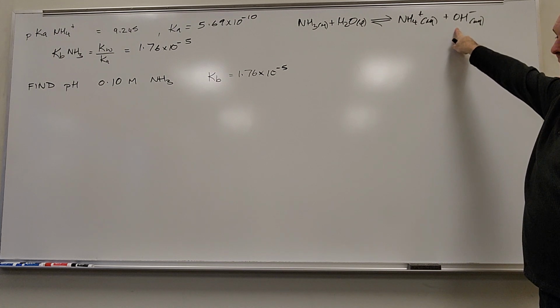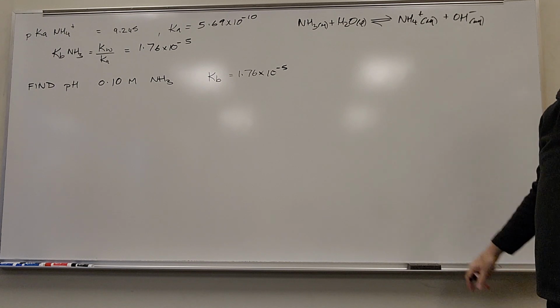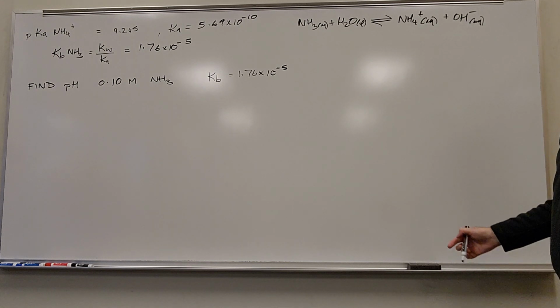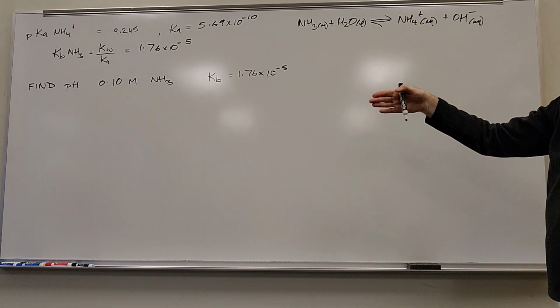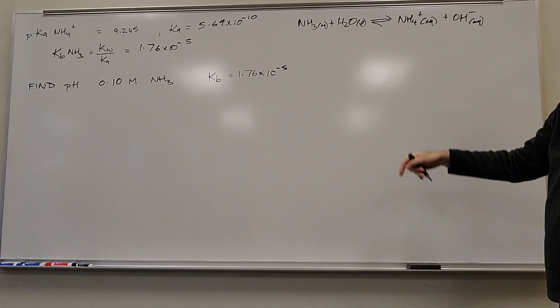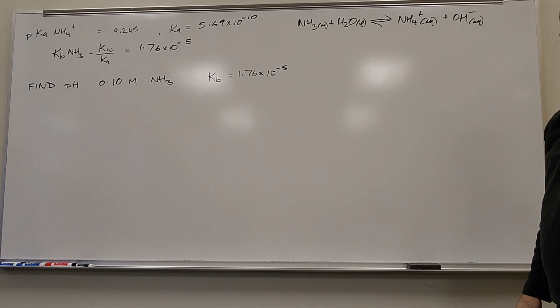And so if you want to find pH, maybe you find pOH first. And pH plus pOH equals 14. Or you just go Kw equals H plus multiplied by OH minus, and you find the H plus that way. There's no wrong way.